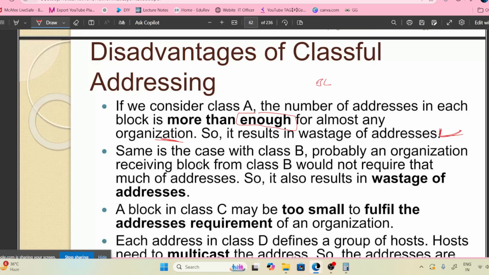In class B it is okay, but in class C we have a very limited number available. In some cases an organization with a class B block would not require that many addresses, so this is also wastage, but in class A there is more wastage.